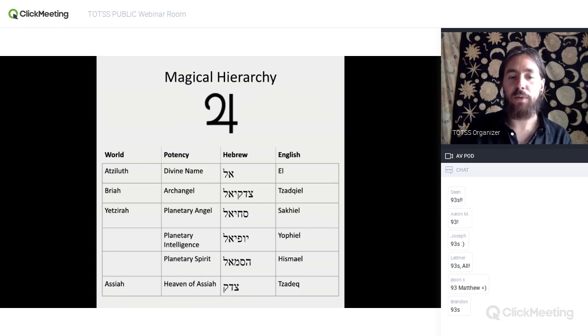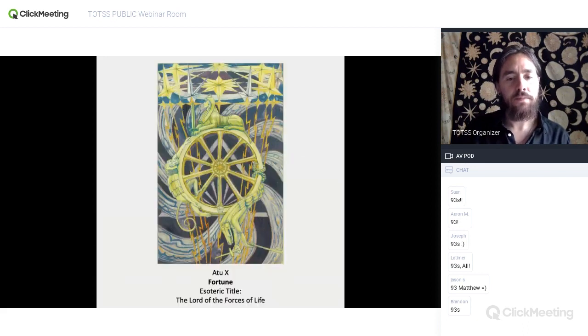Yeah, and again, we can see that both in the name of the heaven of Assiah and in the archangel as well. Okay, so here's our tarot card. This is Atu 10, which is Fortune, and the esoteric title is The Lord of the Forces of Life.